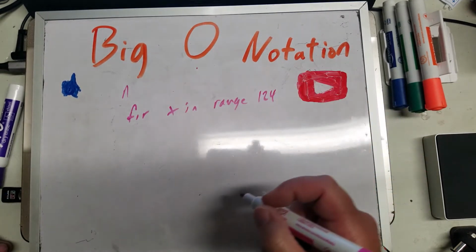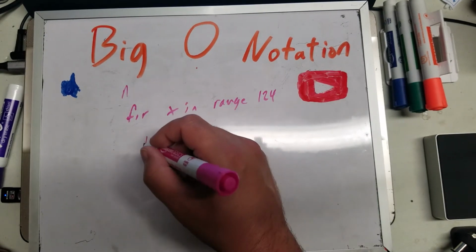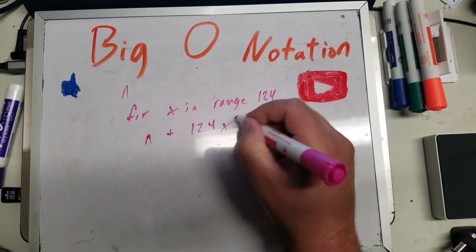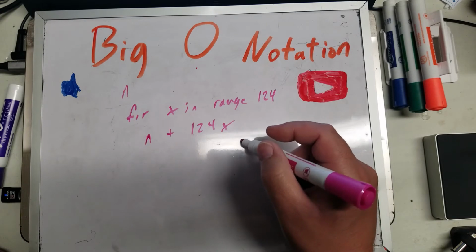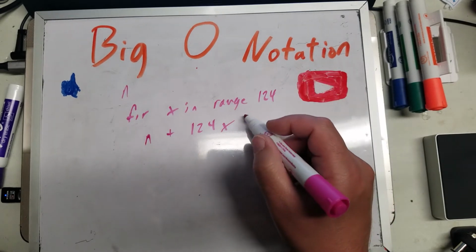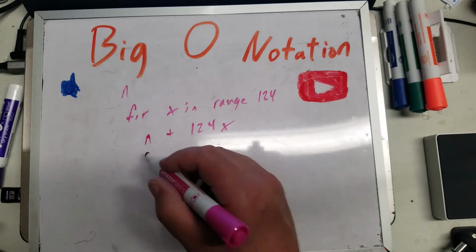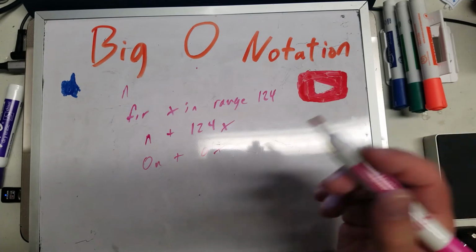That's going to be N plus 124x, and that's pretty much it. It'll be the operation of N plus the operation of x.